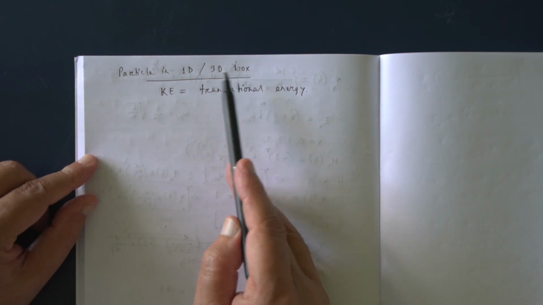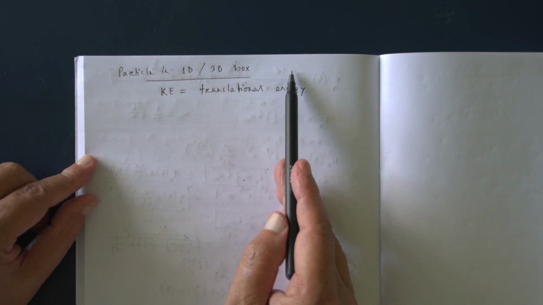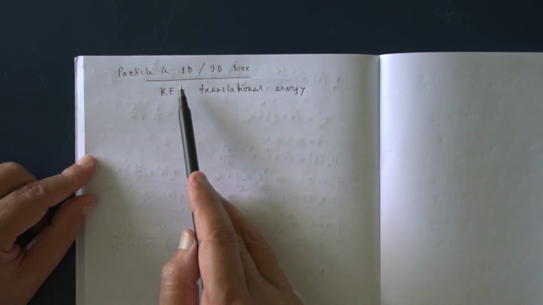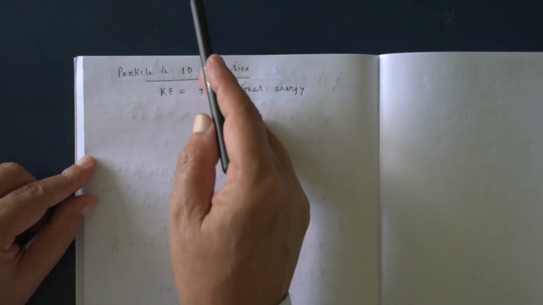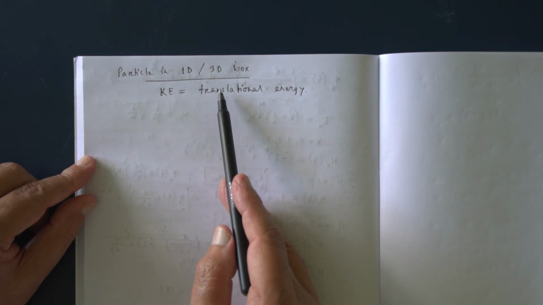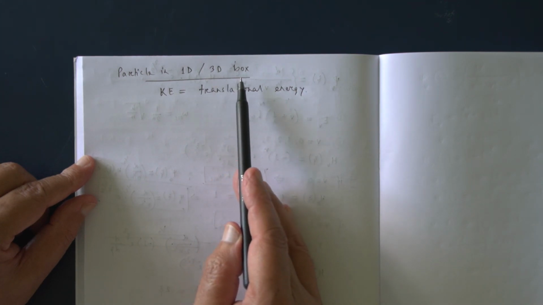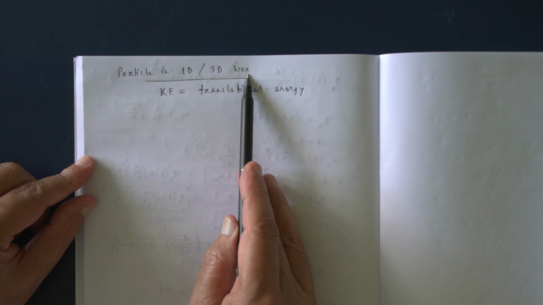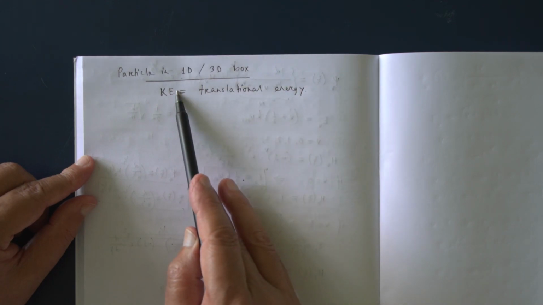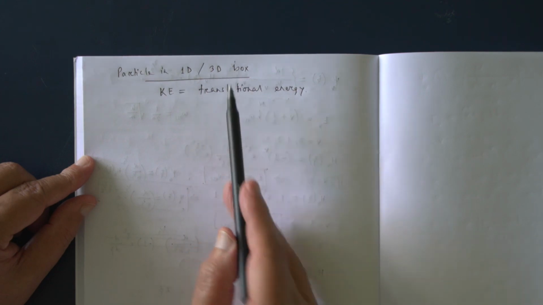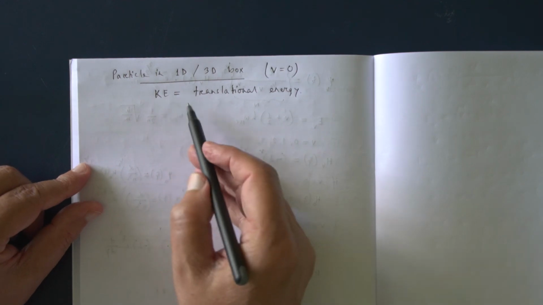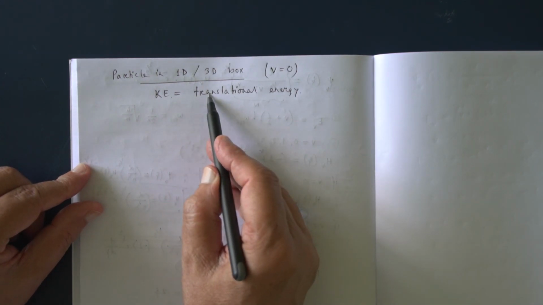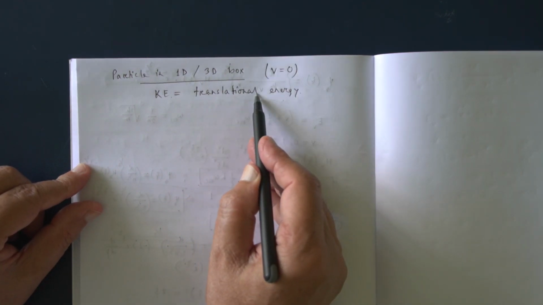That means the particle is moving in this direction, or this direction, or this direction. So we get kinetic energy, no doubt, because potential energy is zero, and that kinetic energy is translational energy.